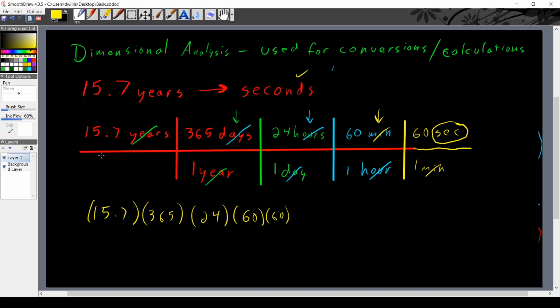And then, of course, we still have to do our division, but since we're dividing by 1 times 1 times 1 times 1, I can do that math in my head and say, hey, that's going to be 1. So I'm going to do that division and know that what I've got on the top is actually going to be my final value. I don't have my calculator with me, so I'm going to let you do the math, and it will be right there for you, and it will be that number of seconds that our 15.7-year-old student has been around on the earth.